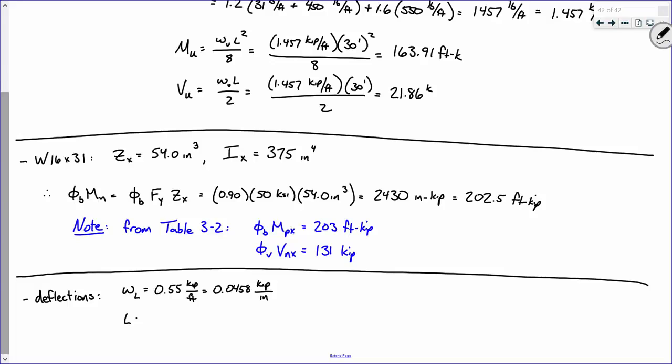Okay. Now the beam is 30 foot long or 360 inches long, right? Now what's E? That's right. E is 29,000 KSI. And then we have IX is 375 inches to the fourth. So, what do we have? We have a simply supported beam and we have a uniformly distributed load. So how do we compute the deflection?